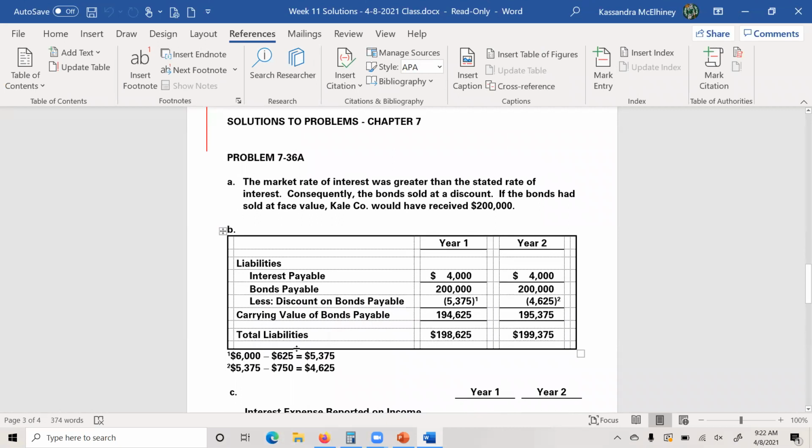So 36, it's a straight line amortization, but this time it's a bond discount we're dealing with. And they give us in the text a list of transactions. This problem had a bond issue which was not issued January 1st, unlike the problem before.